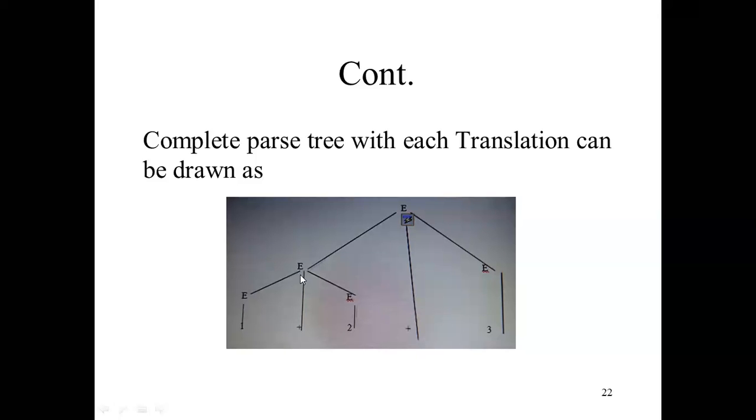Here we can write only 1 plus 2, and we can divide this E again into two Es like this, and write here 2 plus 3. Whatever we are doing on this side, we can also do on this side. So we have two options to draw the syntax tree for 1 plus 2 plus 3. If we can draw more than one syntax tree, then that is called an ambiguous grammar.